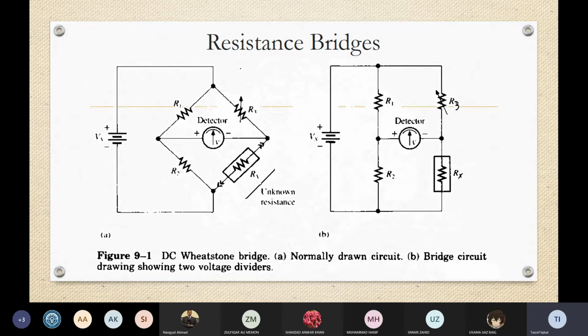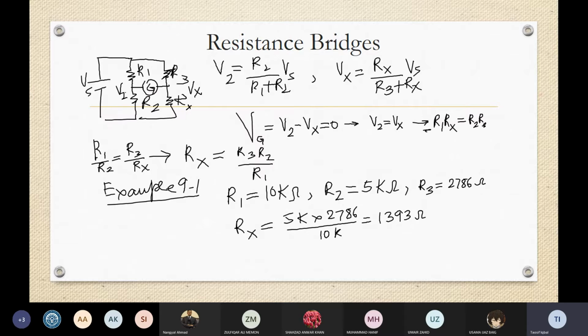So when the bridge is balanced, current is zero, then we can find the Rx value by using the ratios, and that ratio is like this.